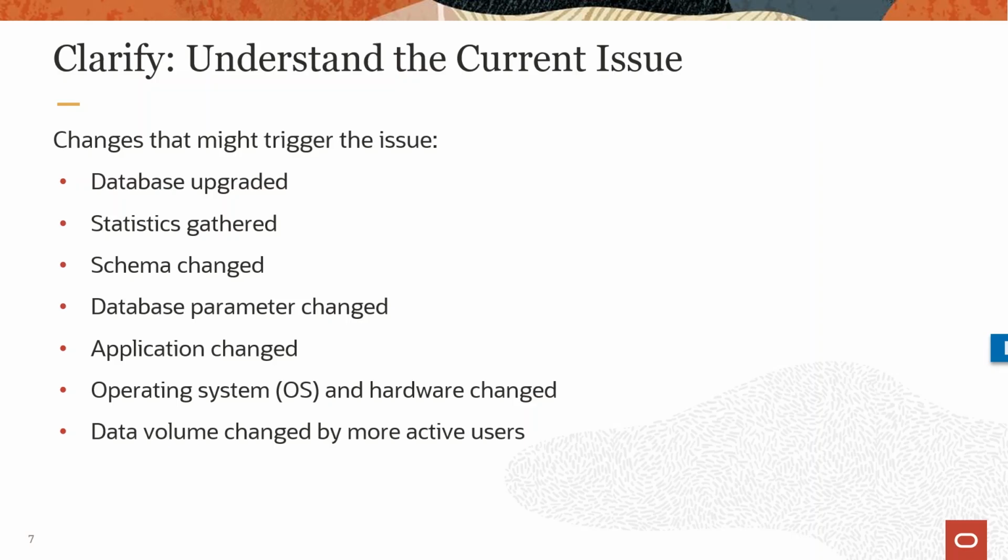So it might be possible that SQLs have turned into bad SQLs because of changes that might have happened within your database environment. Maybe the database got upgraded, or maybe new optimizer statistics have been gathered, or maybe a schema change was implemented.